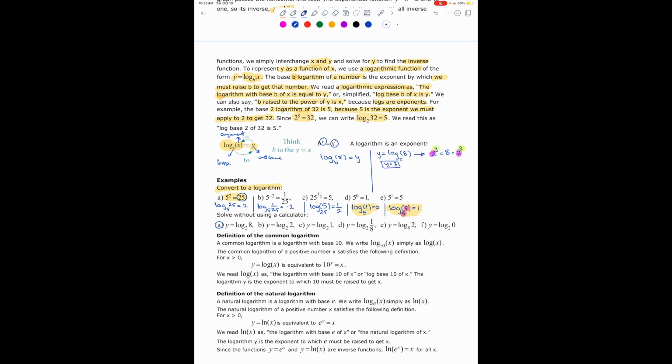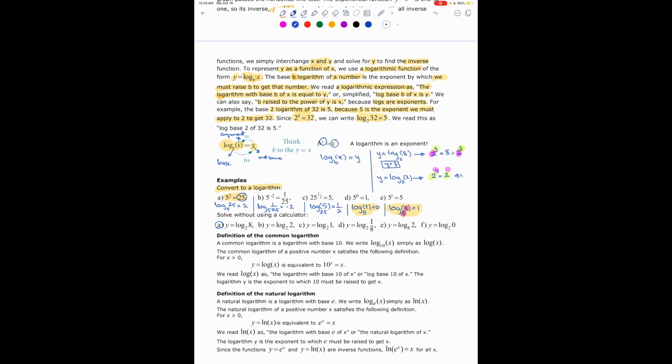So that is for A. B, we have y equals log base 2 of 2. This converts into 2 raised to the y power is equal to 2. The bases are already the same, so we can compare the exponents together. And the exponent, if it's not there, is equal to 1.